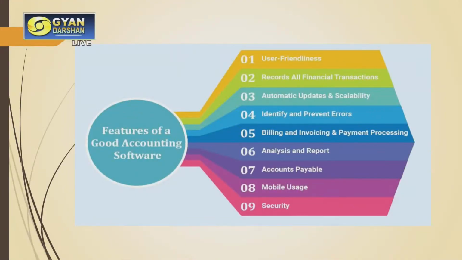Then analysis and reporting is another feature which is required in a good accounting software. Accounts payable is one more feature of a good accounting software. Then mobile usage, security. These are some of the features which a good accounting software should have. Now, till now, learners, we have been talking about accounting software having modules which are used in day-to-day routine and for smaller organizations.